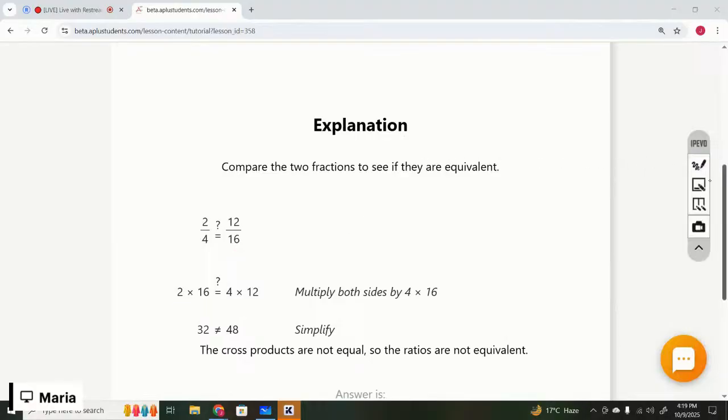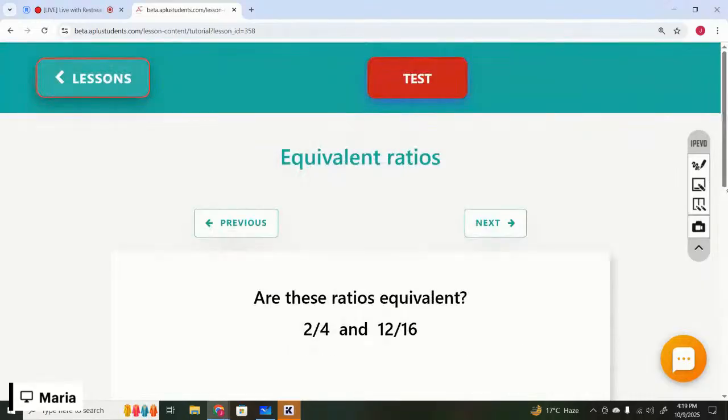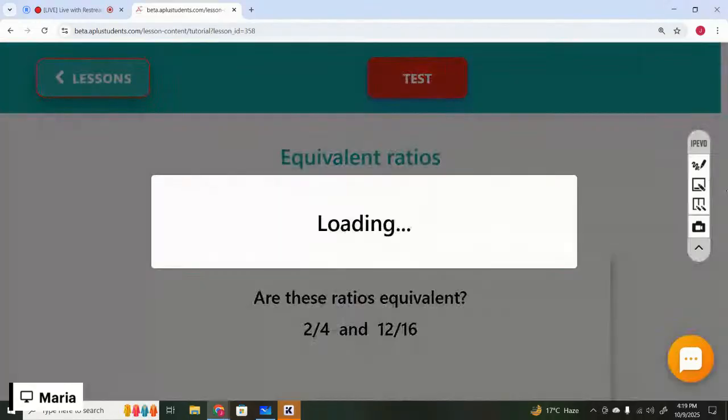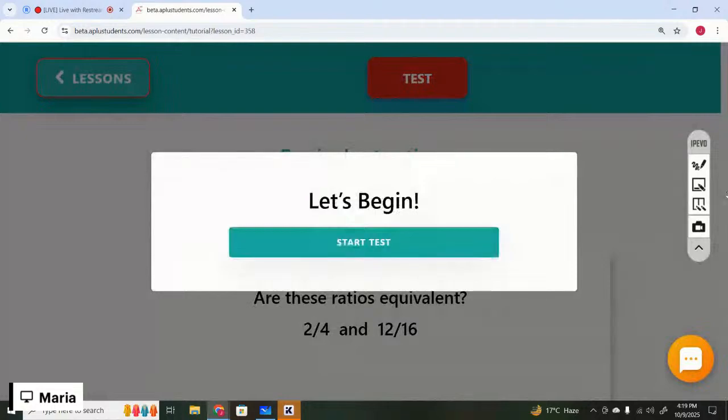So both sides are not equal, so they are not equivalent ratios. Let's just start with the test question. That's the one we just did.